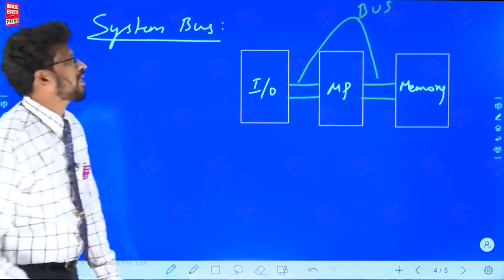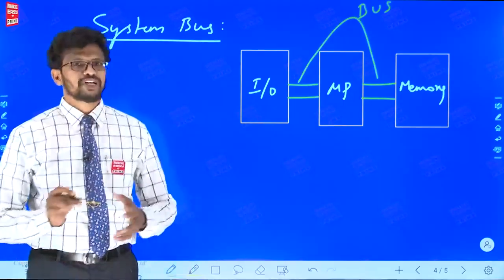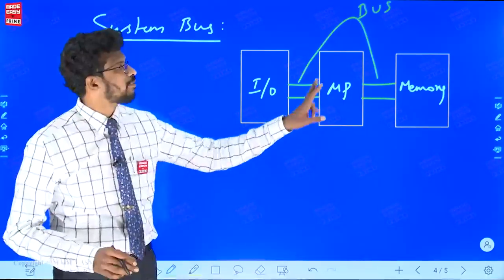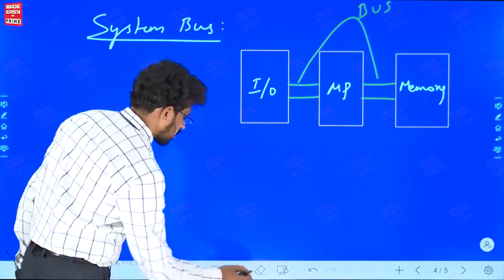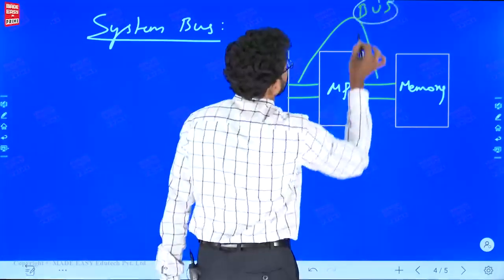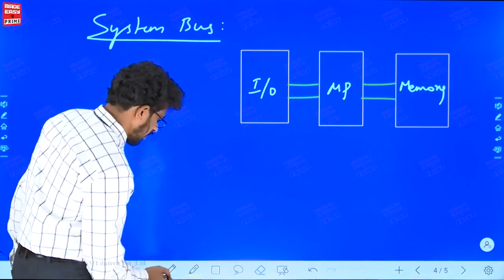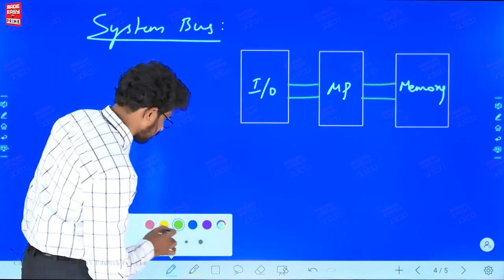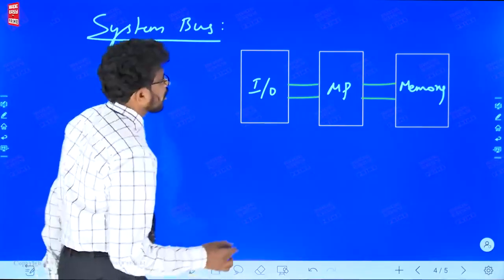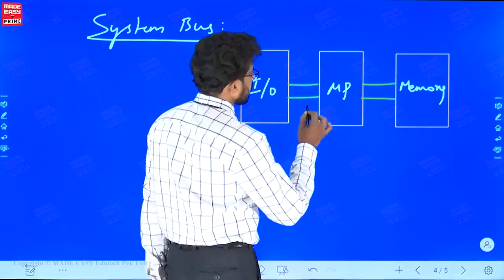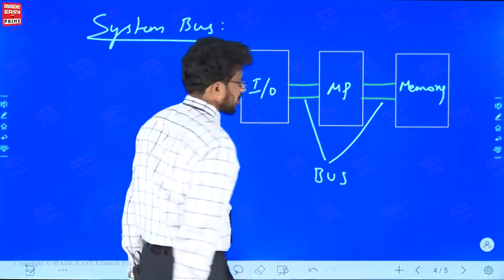So, bus is simply a group of wires or conductors used for communication between processor, memory and the input-output devices. If it is not visible, let me just remove this one. Okay, right. So, this is what we are calling bus.